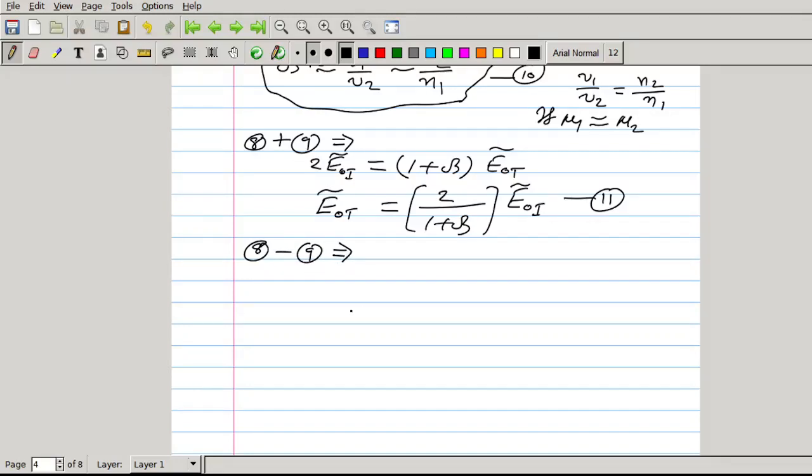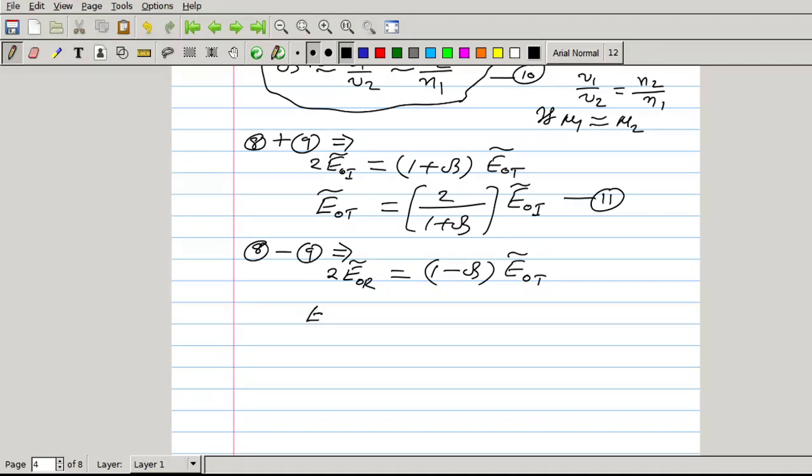If I subtract the left hand side of 9 from the left hand side of 8, then we will have 2 E0R, since E0I will get cancelled. So 2 E0R equal to 1 minus beta into E0T.